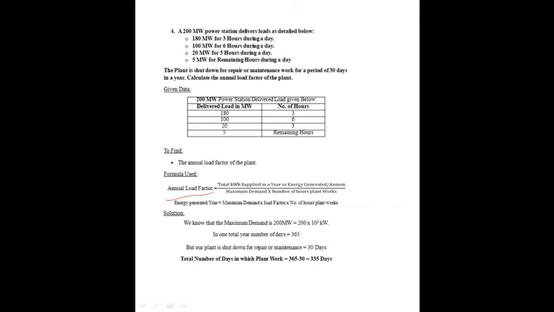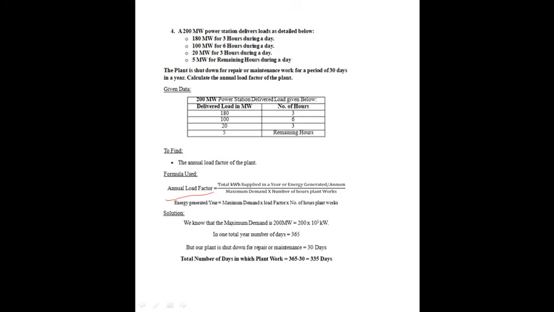Annual load factor is the ratio of total kilowatt hours supplied in a year, or energy generated per annum, by maximum demand into number of hours plant works. So energy generated per year is given by maximum demand into load factor and number of hours plant works.